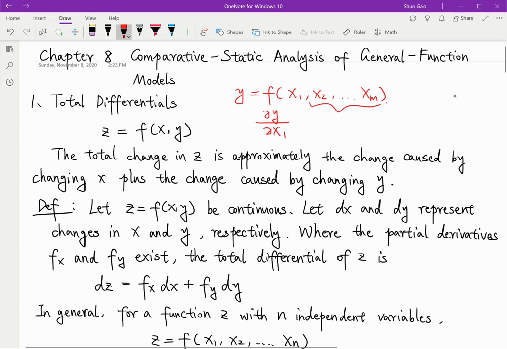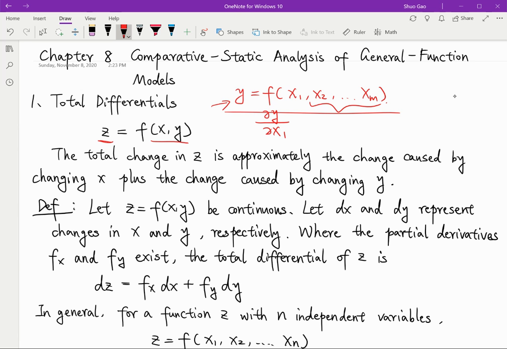Again, we have a function, called the function z, and z is a function of x and y. So z has two variables, x and y. Both x and y can affect the value of z, similar to the case we learned in Chapter 7.